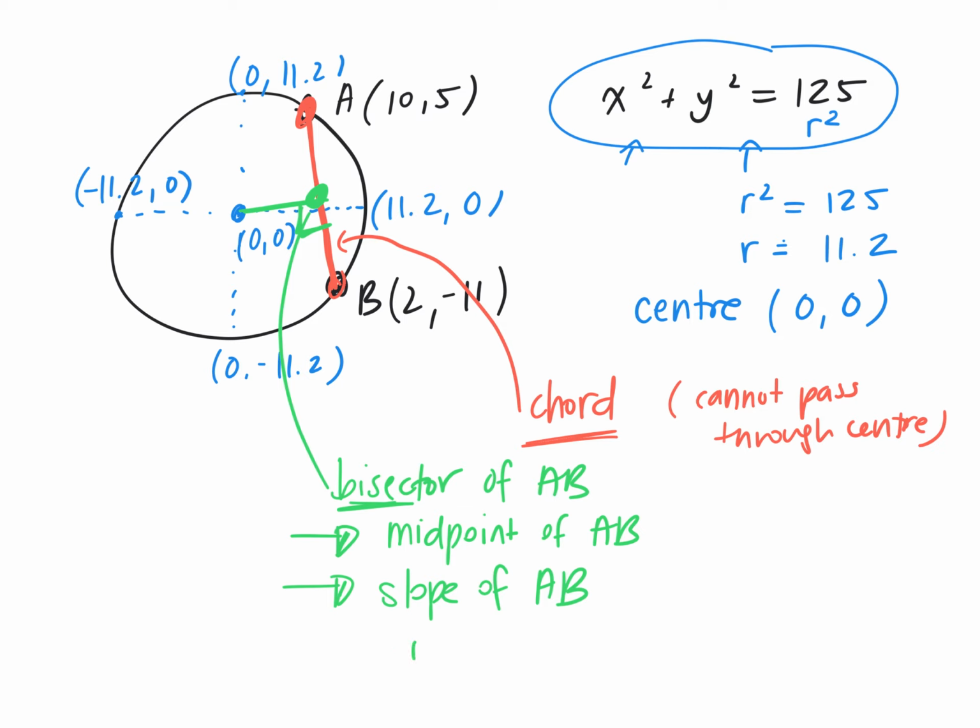How do you find an equation of the line? Y equals mx plus b. But this question says find the equation of a perpendicular bisector that passes through the center of the circle. So we have to also make sure that b is equal to 0. So those are the steps. I want you to try that on your own.